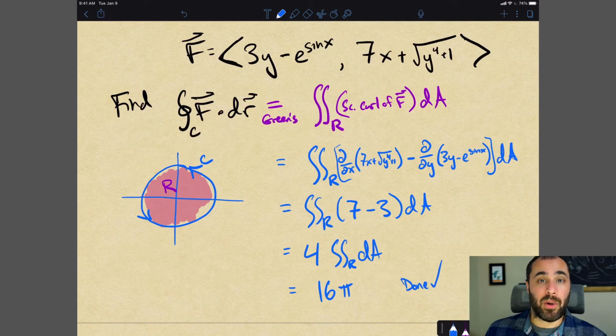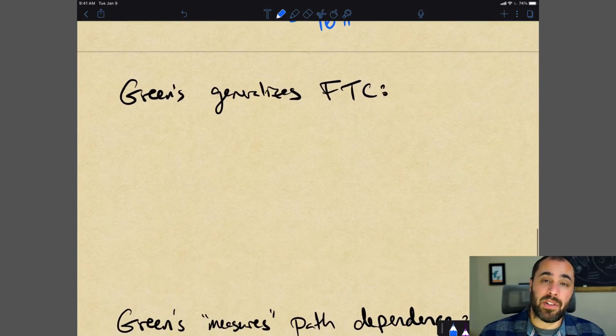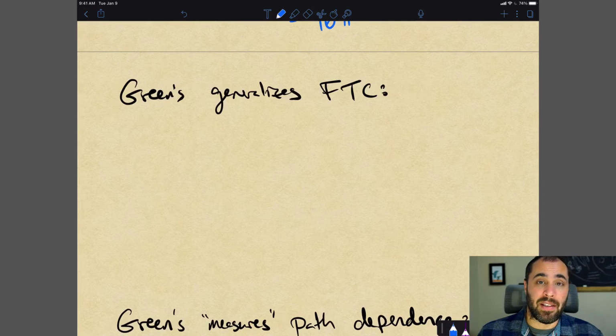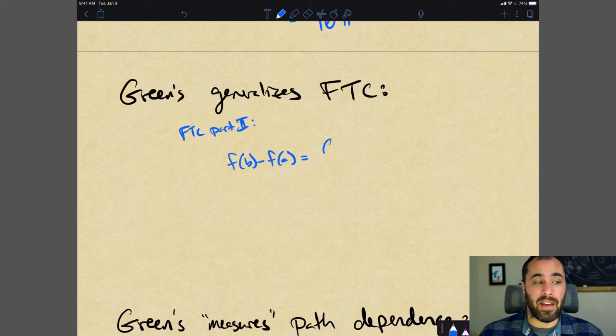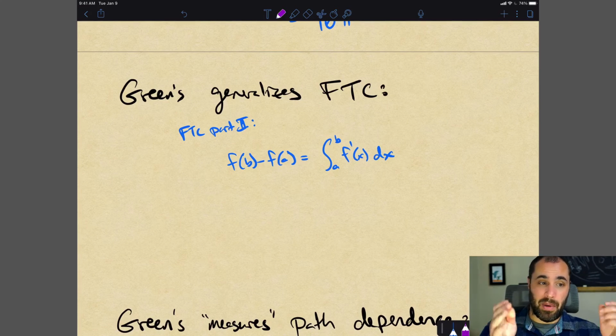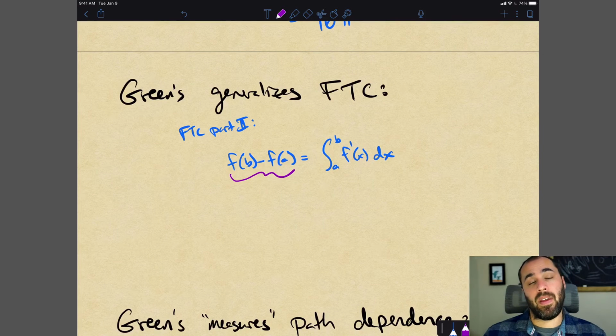So two more points about Green's theorem here. First, we should think of this as a generalization of the fundamental theorem of calculus from our integral calc class. The second part of the FTC, on one hand, tells us to think about the boundary of a region. Well, in a single variable setting, a region is only an interval on the number line, and the boundary is the two endpoints.